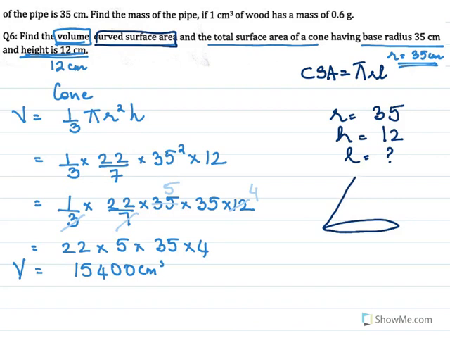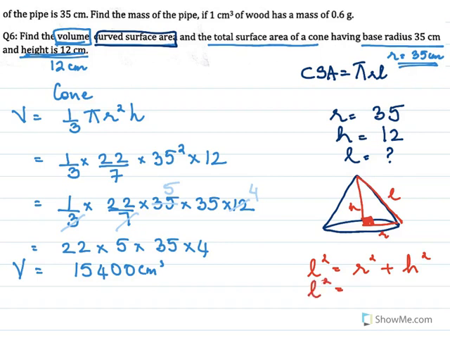This is your cone. We have the radius r, this is the central height, and this is the slant height L. This is 90 degrees. So we can use Pythagoras theorem here. So we have L square equal to r square plus h square. L is not given, so I can't write 35 here.